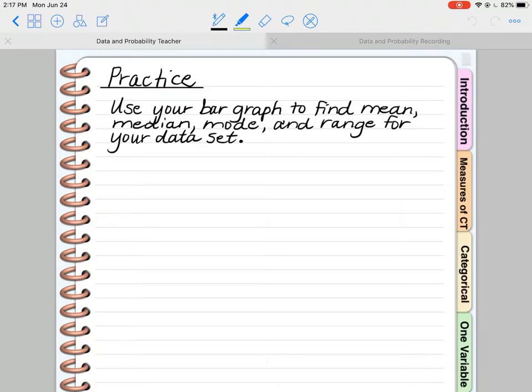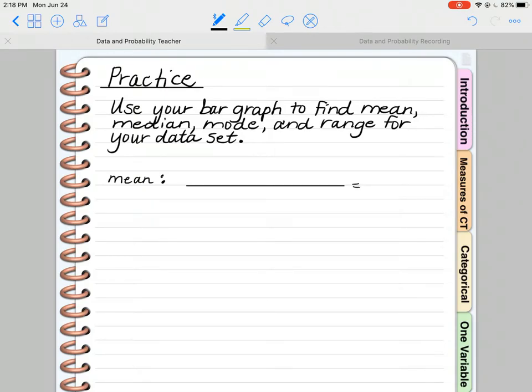So they want me to use that bar graph we just made to find mean, median, mode, and range for the data. So to get the mean, remember this is a two-step process. We have to add up the push-ups.